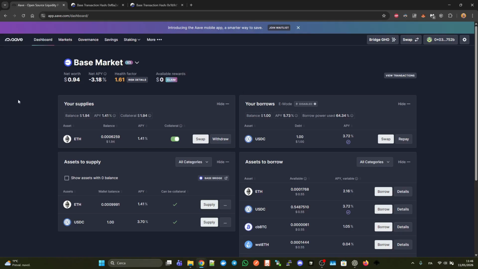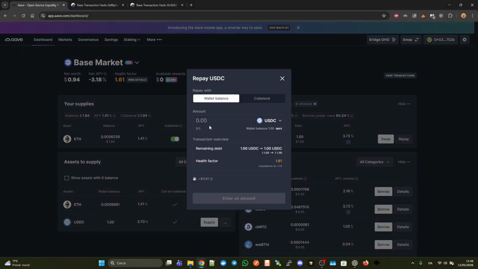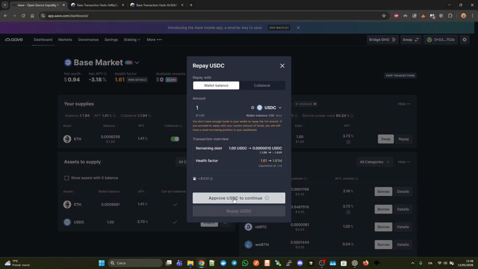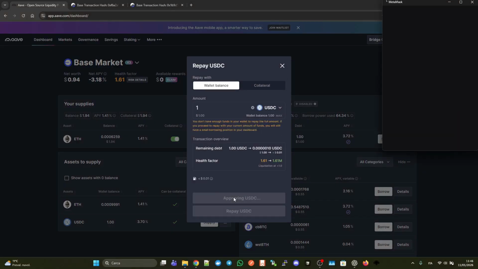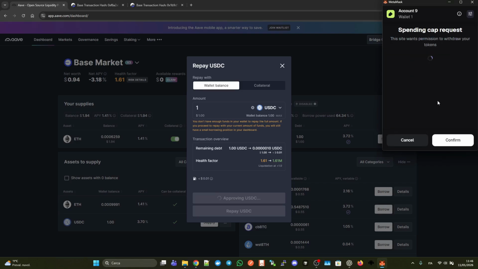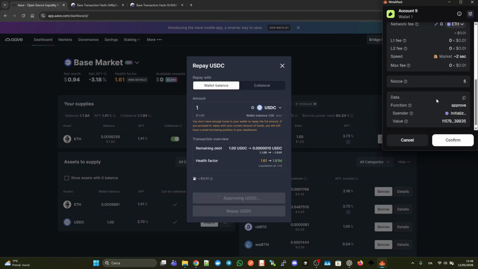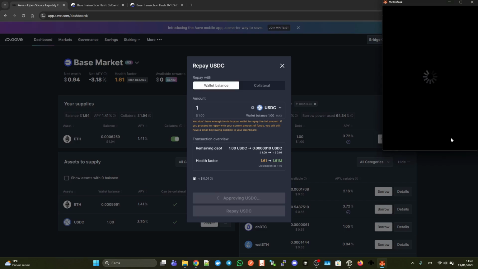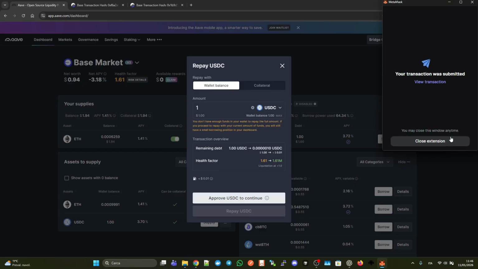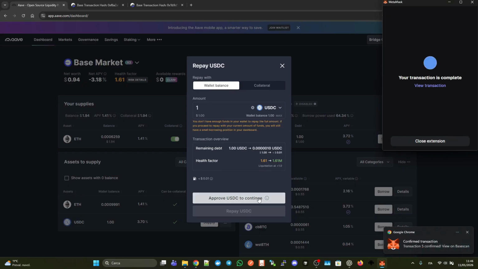Now to go back, if we want to retrieve our money, we should repay our borrow here. Okay, we say maximum amount. Approve USDC to continue. Okay, here it is calling approve. Let's confirm. Okay, approve and continue.